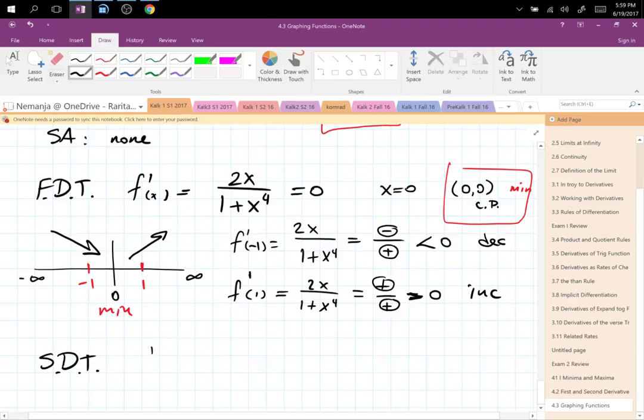Second derivative test, we need the second derivative. You can use quotient rule, you can use logarithmic, whatever makes you happy.